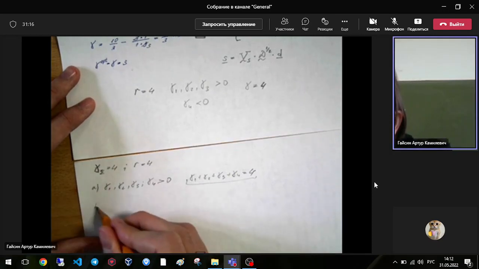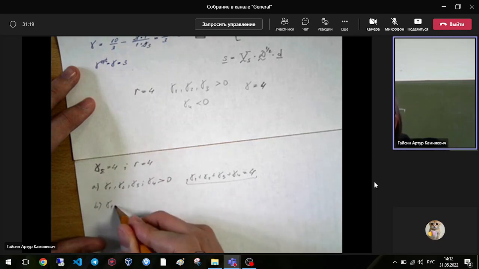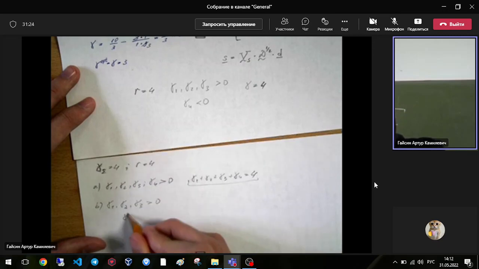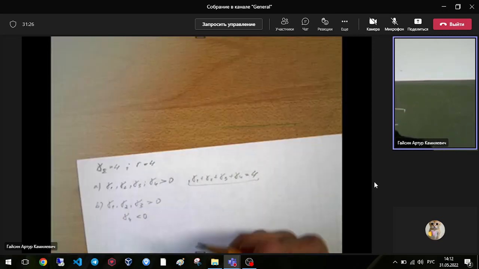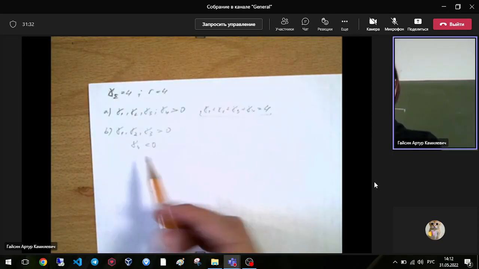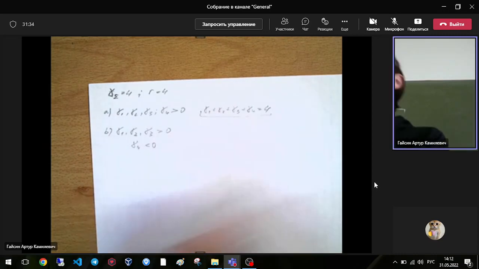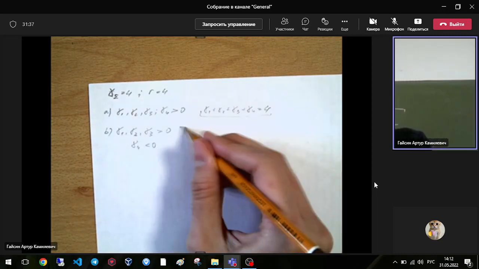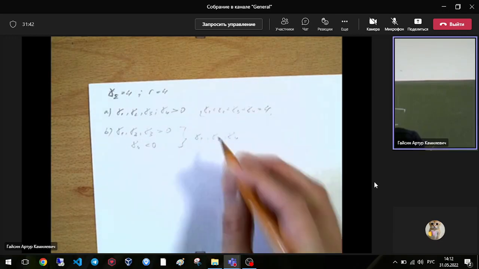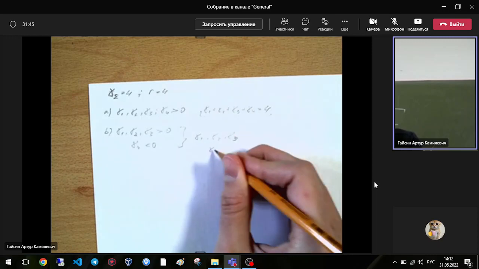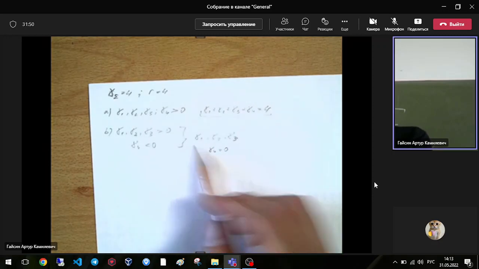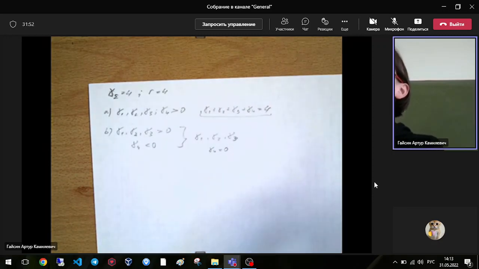But for example case B, lambda 1, lambda 2, lambda 3 bigger than 0, and lambda 4 less than 0, then we switch off the last data stream and recalculate everything, and get updated lambda 1, lambda 2, and lambda 3, and this lambda 4 is equal to 0 in this case. And we need to check, do we have negative values in the updated lambda 1, lambda 2, lambda 3?